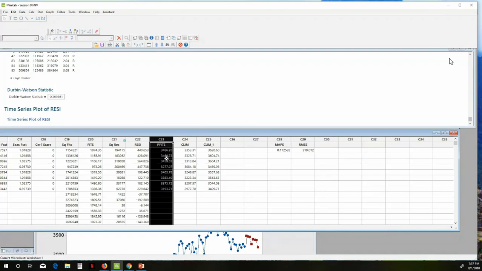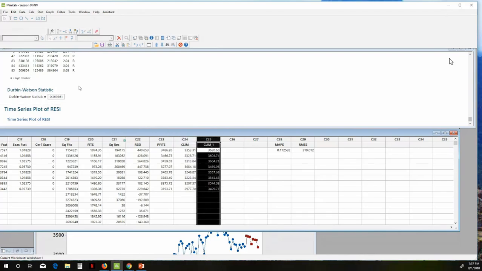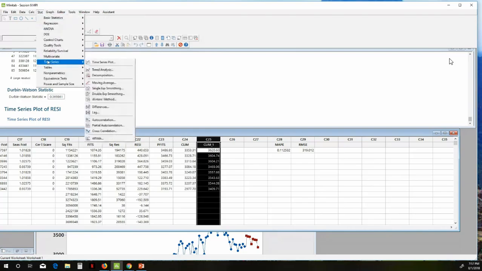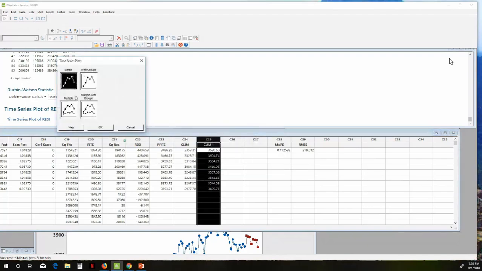That's this forecast, the p-fits that we got. We have the upper and lower confidence limits. C-lim 1 is the lower, C-lim 2 is the upper. Let's plot them. Stat, time series plot. And we're going to multiple columns, of course.